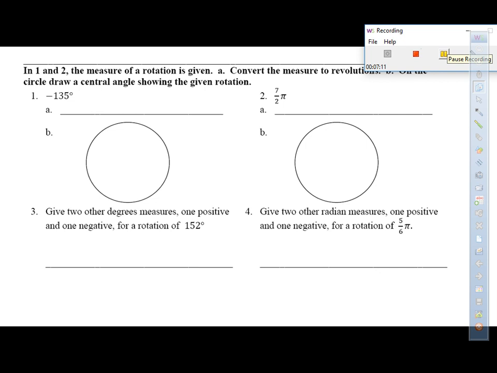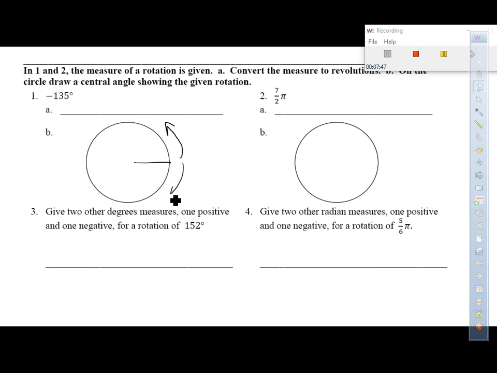So here goes your number 1. It says the measure of a rotation is given. Here's what that part means. I have a radius, and traditionally we start right there. We're going to rotate that 135 degrees. Now notice that there's a negative in front of this. Well, if I go counterclockwise, I'm doing a positive direction.